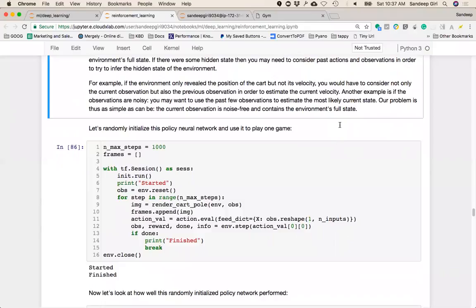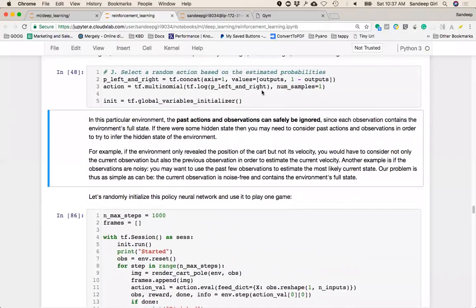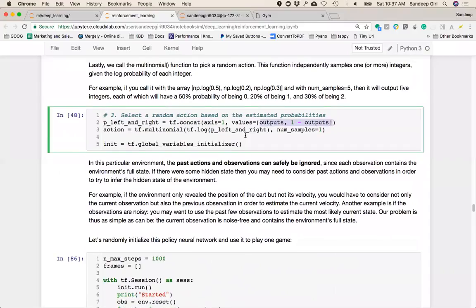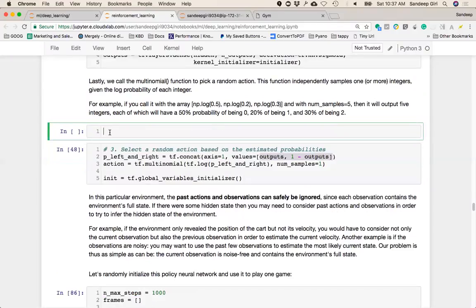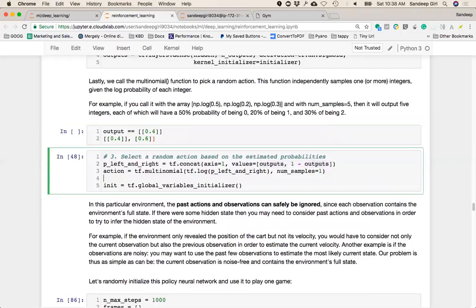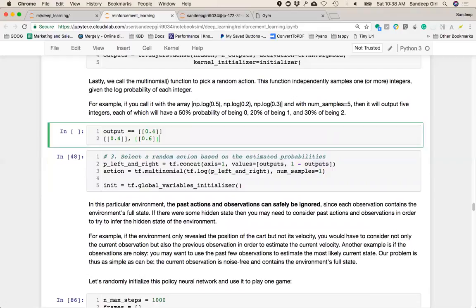A question from Binta is, what is the function doing here? This is basically concatenating these two. If you take a look at the outputs, it's going to look like this. So outputs is something like, let's say 0.4. What we are doing is concatenating 0.4 and 0.6, which is one minus 0.4.